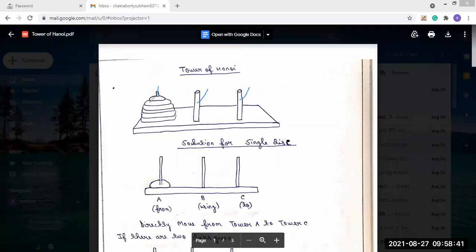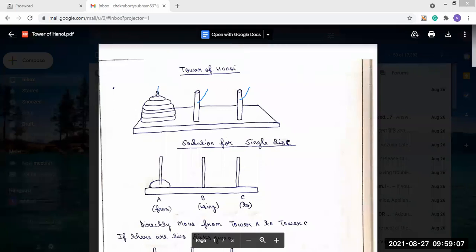The stack of disks is arranged in decreasing order from bottom to top.